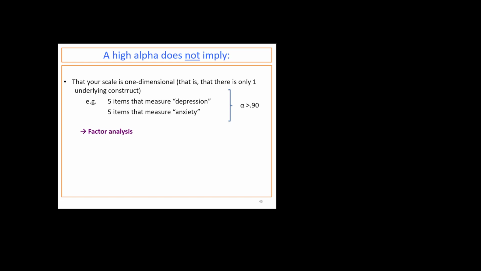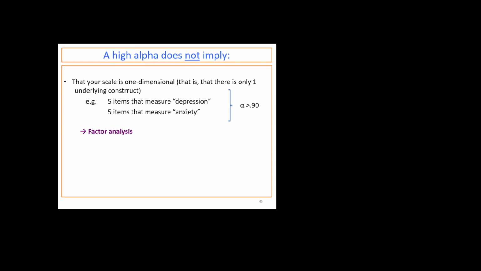A high alpha also does not imply that you only have a one-dimensional construct. So if you have 10 items and 5 items measure anxiety and 5 items measure depression, then probably you will have a high alpha score, because depression and anxiety are related to each other. They have a high correlation.